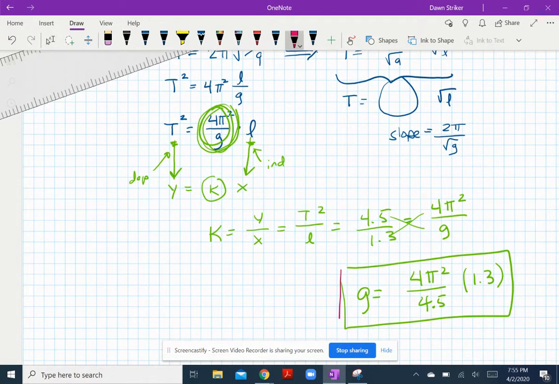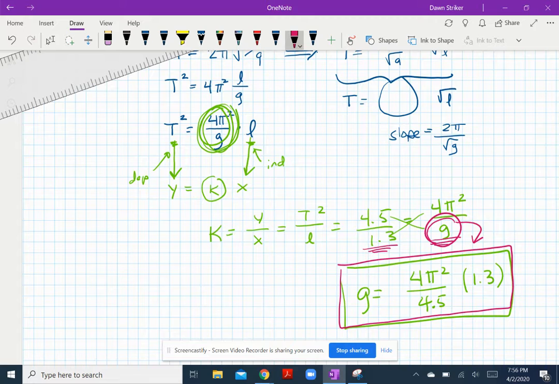So I get a better line of best fit if I use all of the data, and that means try to make sense of the slope. So for me, the slope is T squared over L, and I know T squared over L is the same as 4 pi squared over g. And if I set my slope equal to 4 pi squared over g, and I use that to solve for g, I get a really good approximation for g using all of the data, not just using one point.